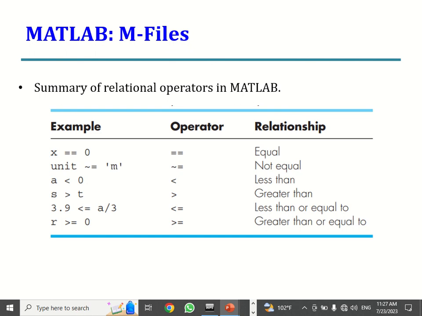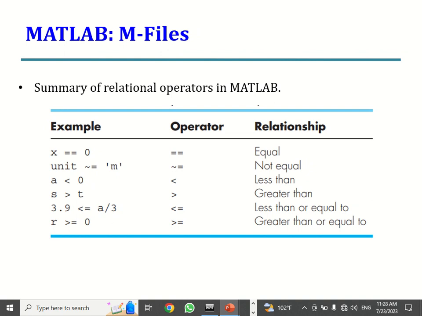The operators which we use for comparison. I already told you about equal to, right? You use what? Double equals, right? Okay, and then for not equal to, there is a sign as well. For not equal to. Okay, so this means not equal to. Okay, less than, greater than, you know these things, right?